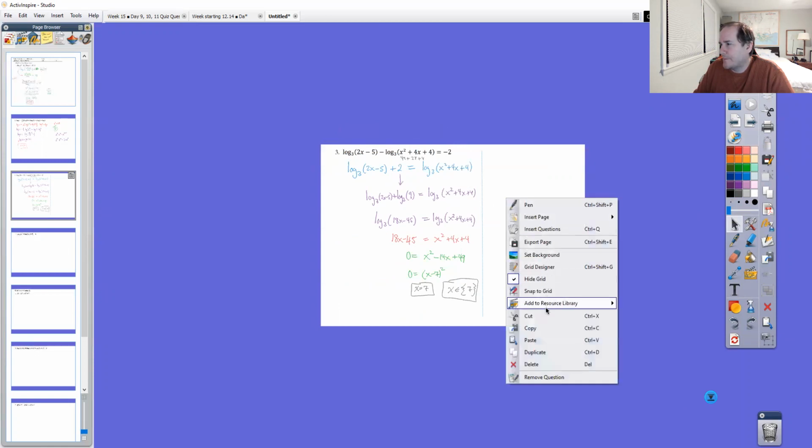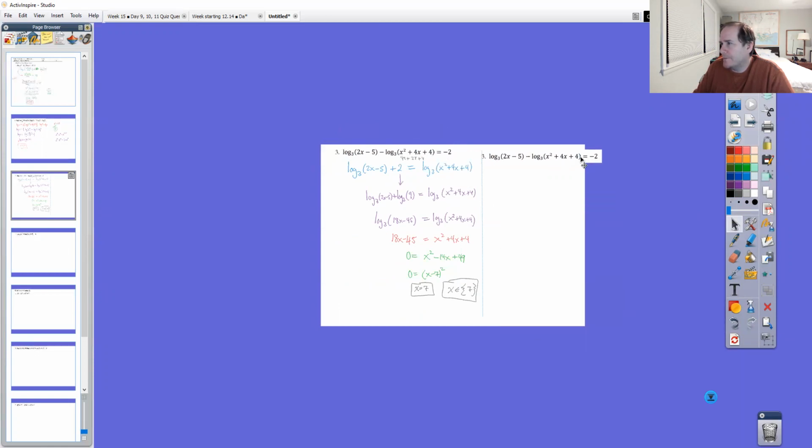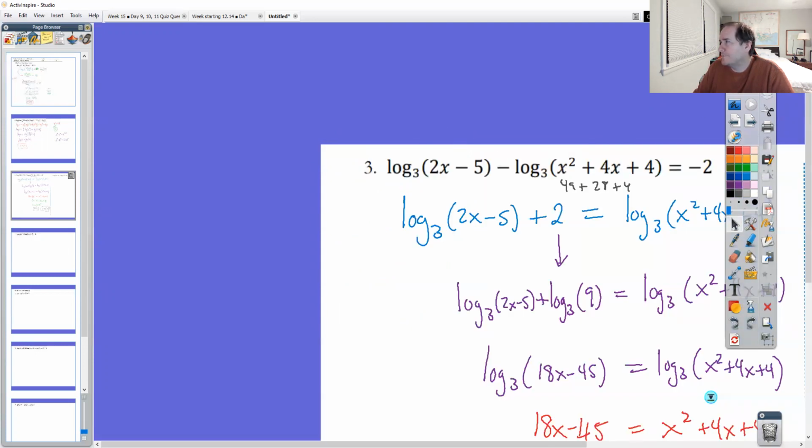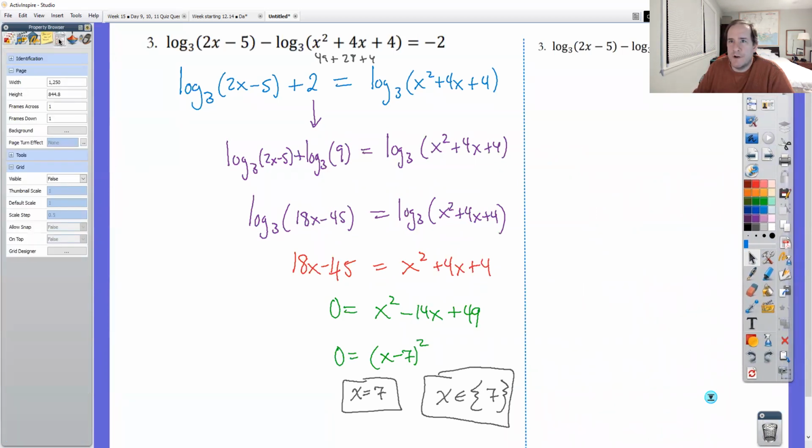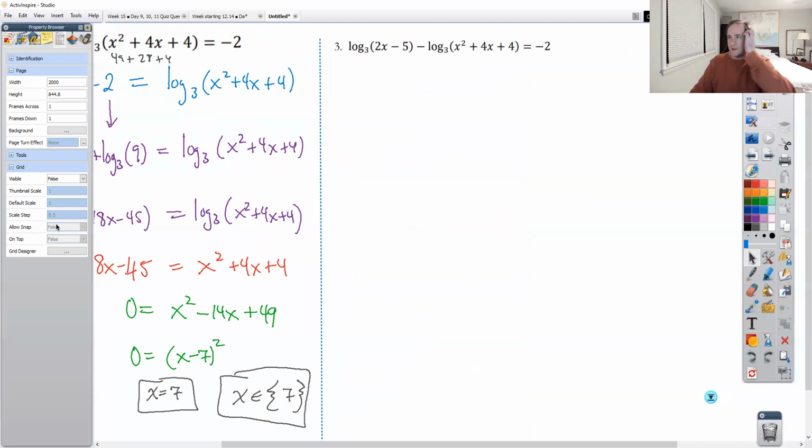Copy, paste. Yoink. Shrink. Okay. Grow. Not good. I know the trick. Make it super wide. 2000 wide. That'll work. Okay.